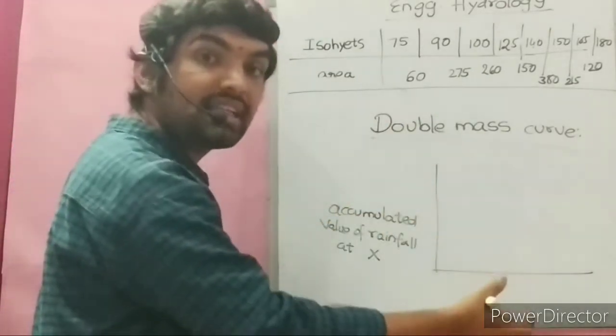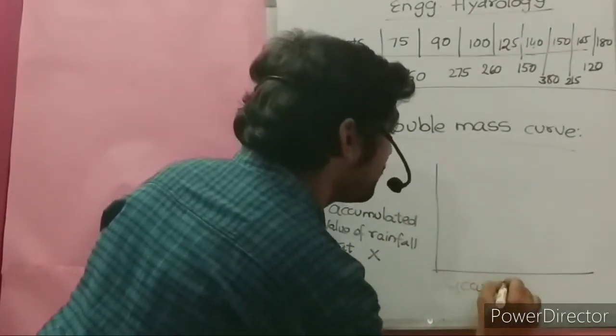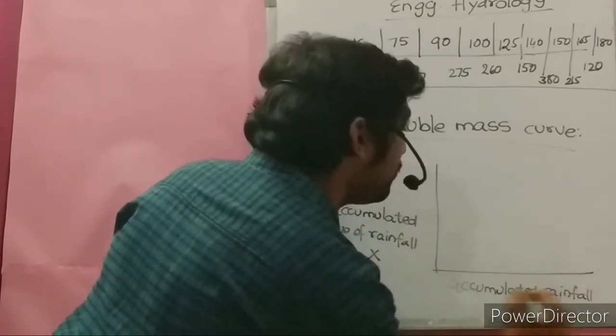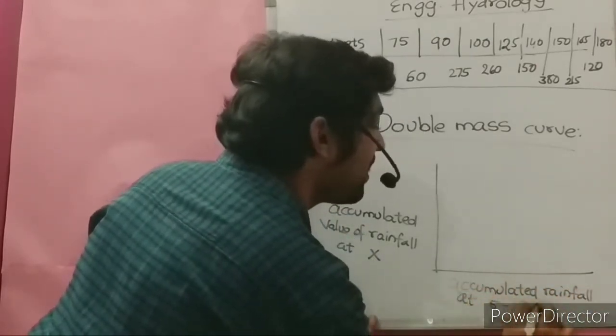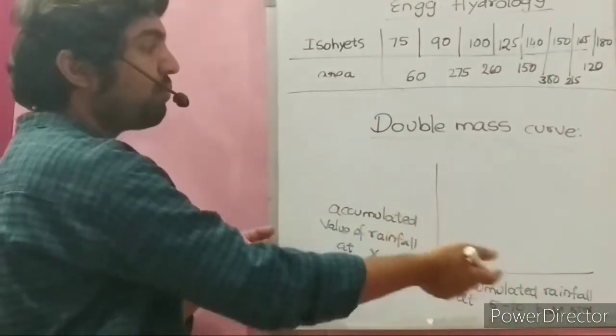Those surrounding stations are called base stations. You select the accumulated rainfall at 5 to 10 base stations nearby the unknown station. Thereby you plot the double mass curve.